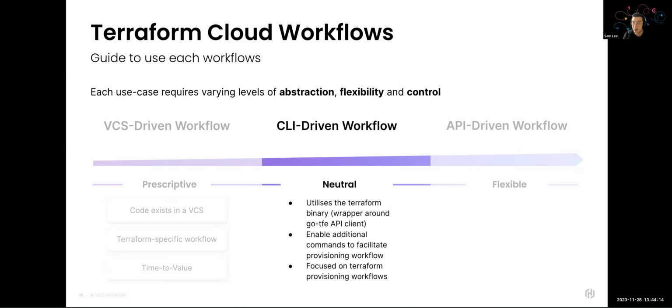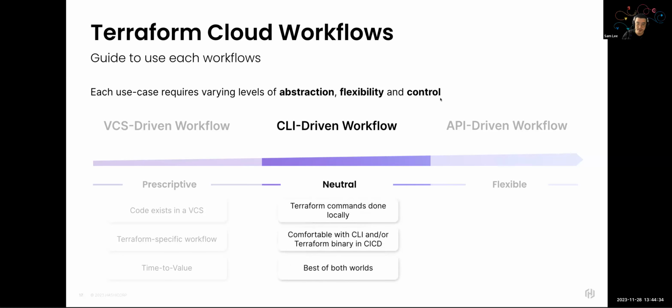Maybe we want to do additional things to the plans, store them somewhere. Maybe we want to have a flag that helps us do some sort of validation or formatting or linting. Those sort of commands are available in the CLI-driven workflow. But the thing about the CLI-driven workflow is that it's also still focused on just Terraform itself. So nothing extra around it.